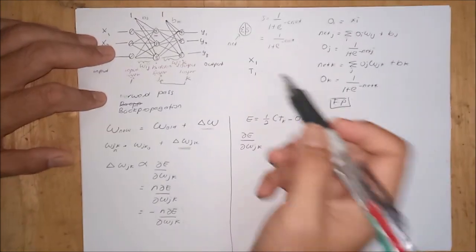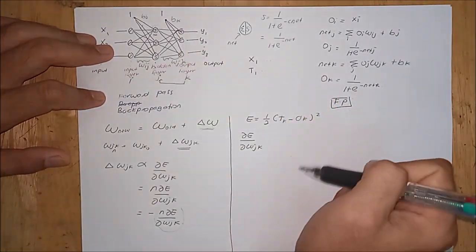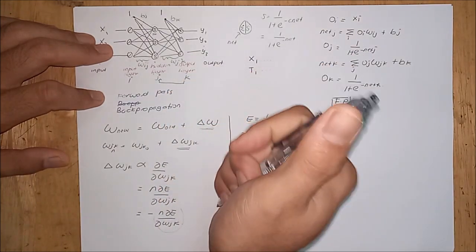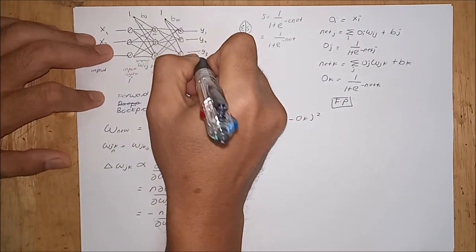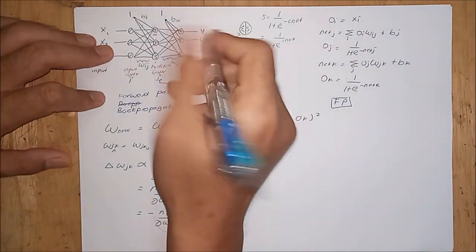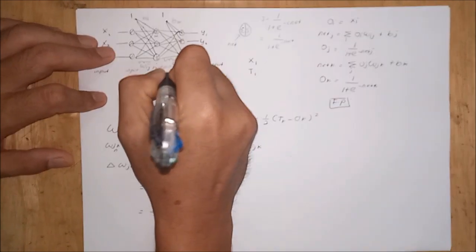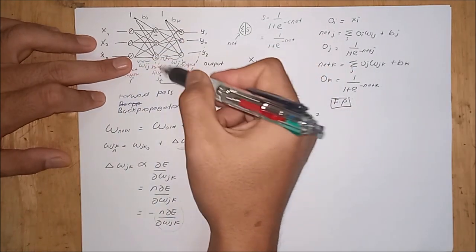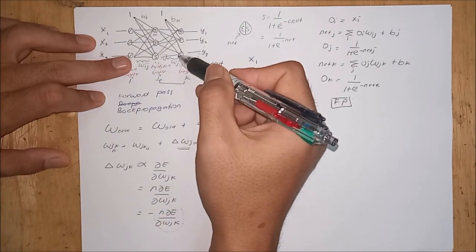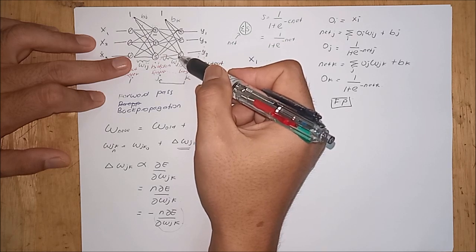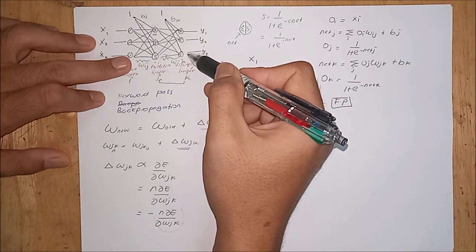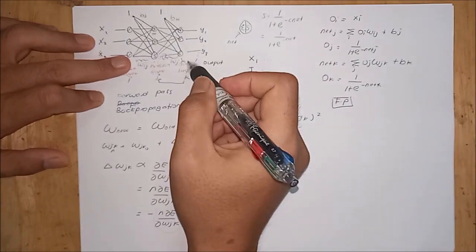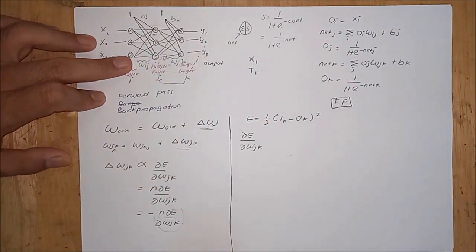We will utilize what we call the chain rule. In a simple way, the chain rule can be derived by backpropagating the error from here until this layer. If you feed back from here, first you will find net k, and later on you will find ok. That is the order we will utilize to derive the chain rule.